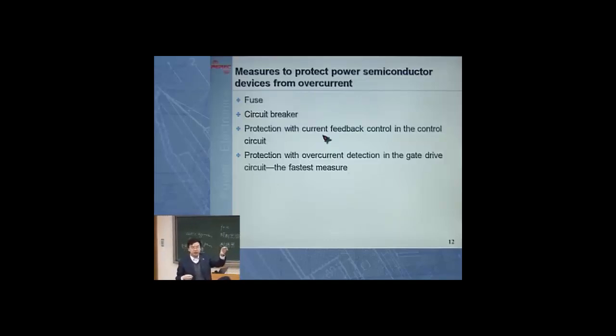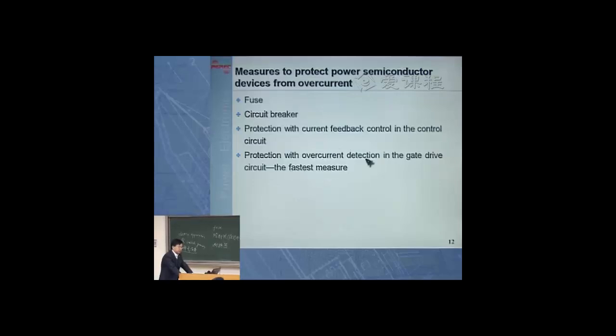And once that current exceeds the level we can accept, then we shut off the power converter or use the controller to regulate this current to be maintained in the appropriate range. Okay, so that's the third measure. We can use current feedback control to control the value of current.